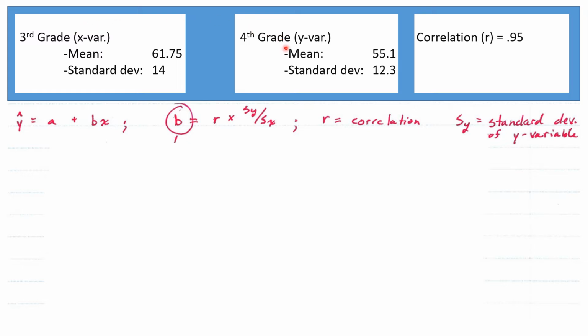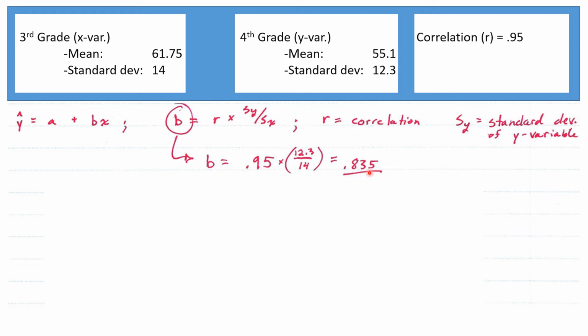Fourth grade information is going to be for our y variable. So when we're doing this, it's going to be 0.95, that's our correlation, times the standard deviation of the y variable, 12.3, divided by the standard deviation of the x variable, 14, to give us a slope of positive 0.835.